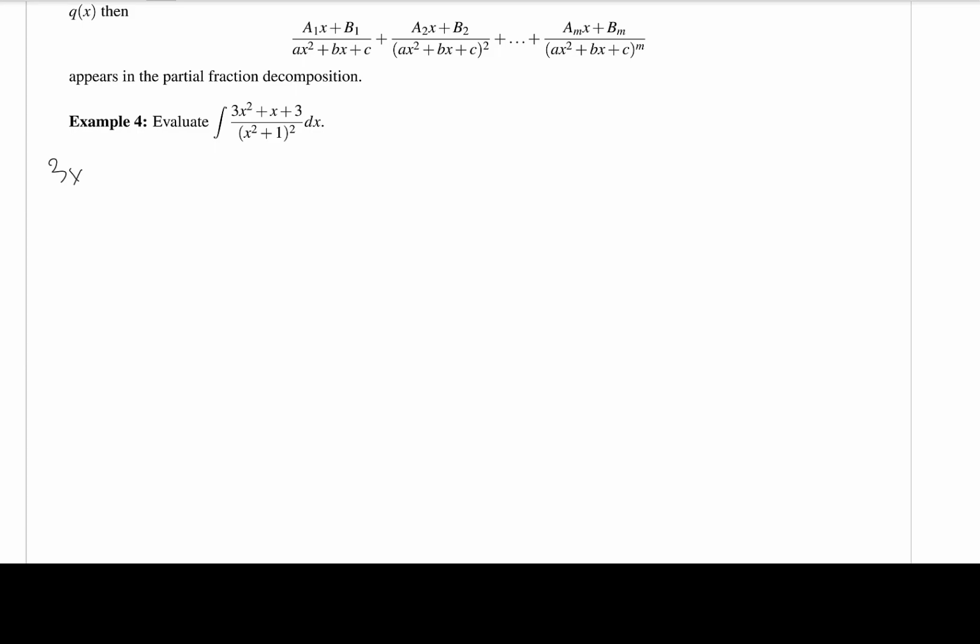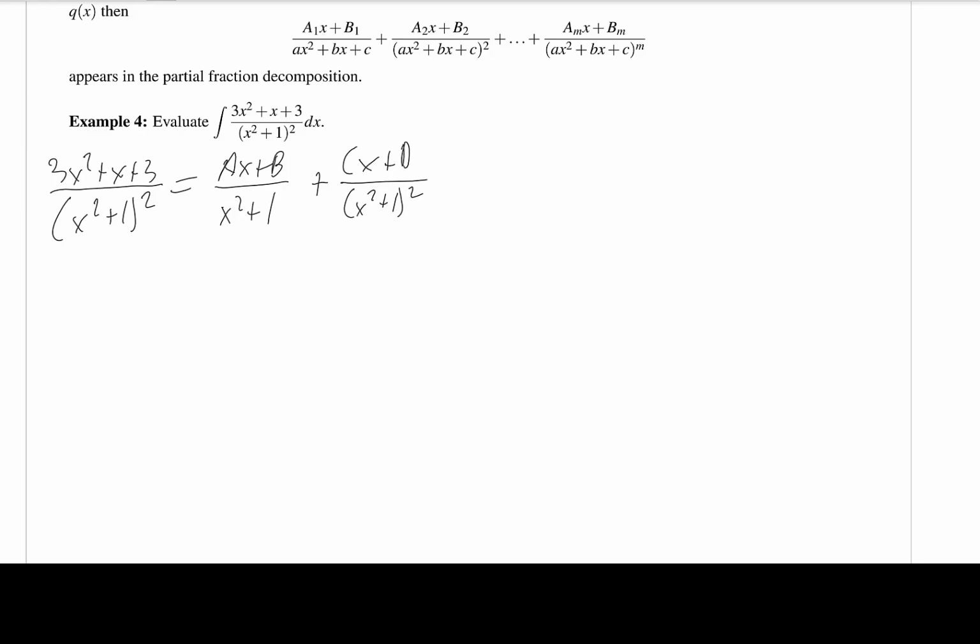So I should have 3x squared plus x plus 3 over x squared plus 1 squared is equal to, for our first irreducible quadratic, ax plus b. And then just like for our repeated linear factors, we have to repeat this again, but this time it's going to be for x squared plus 1 squared. So now I'm going to multiply the left and right side by our x squared plus 1 squared.